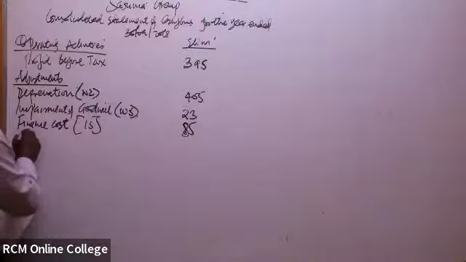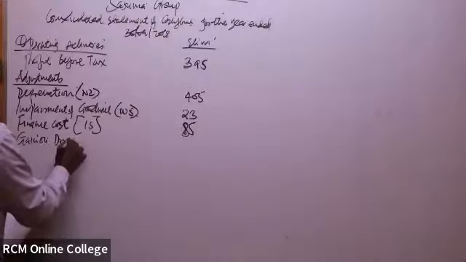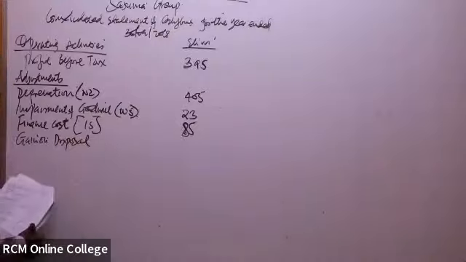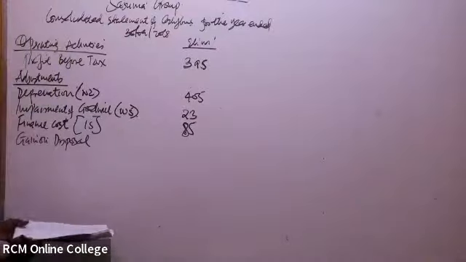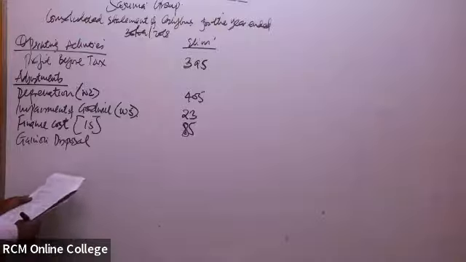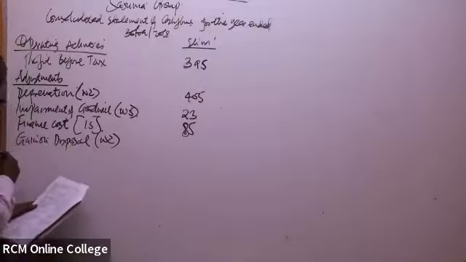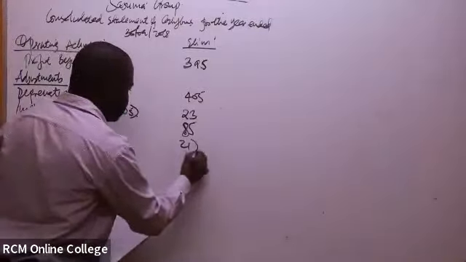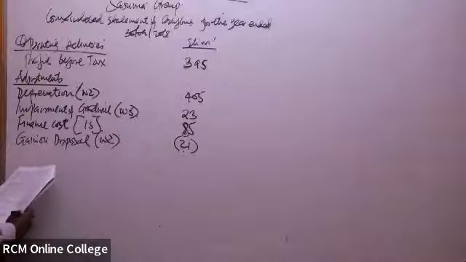Then you have gain on disposal. This one you deduct because it was not a real inflow of cash. If you look at our working number 2 under the disposal account, the figure you got is 21. So that gain on disposal, you deduct it.